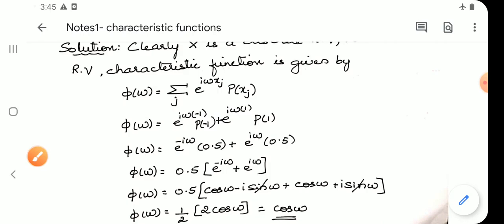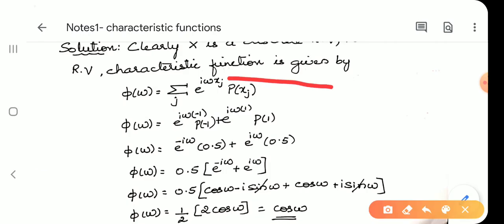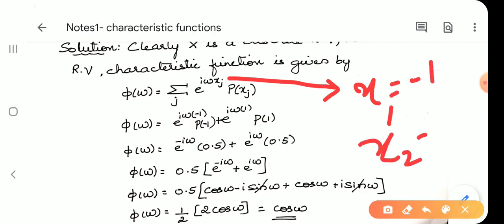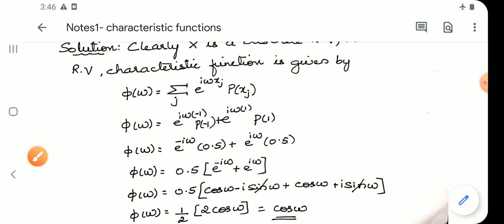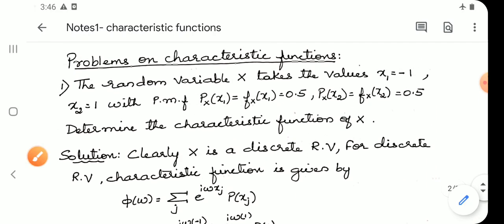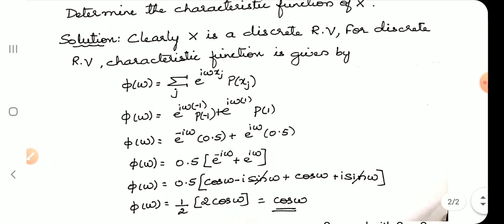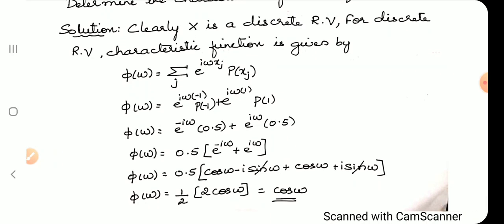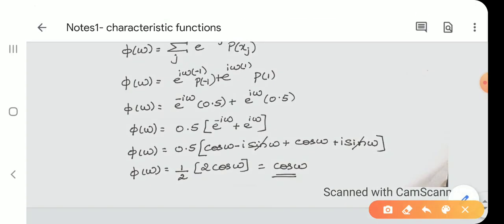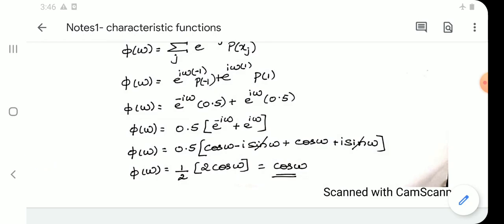Here, in the place of xj, we have two values, x1 which is minus 1 and x2 which is plus 1, if you read the problem here.